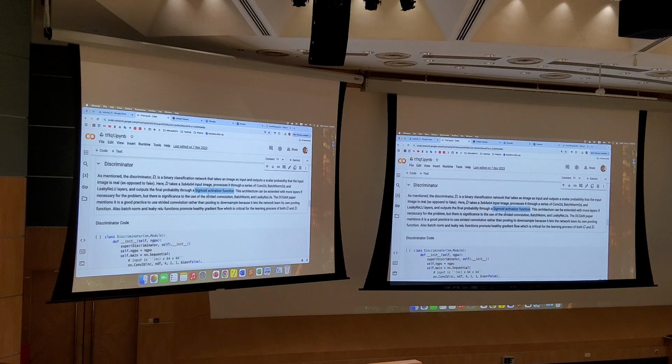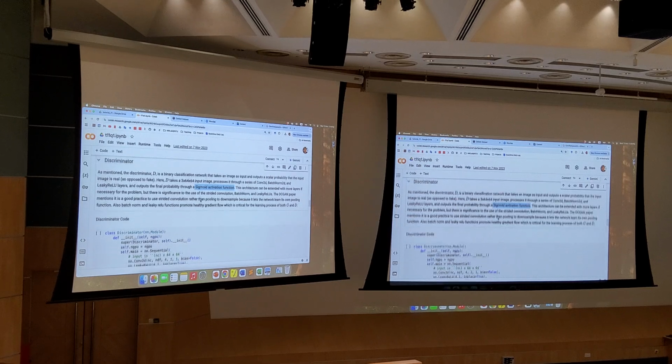We use a sigmoid over here because we want to get the probability, isn't it? We hope the output is in the range of 0 to 1. That's why we use a sigmoid over here.